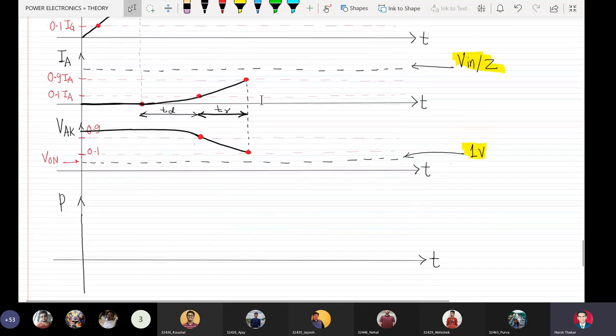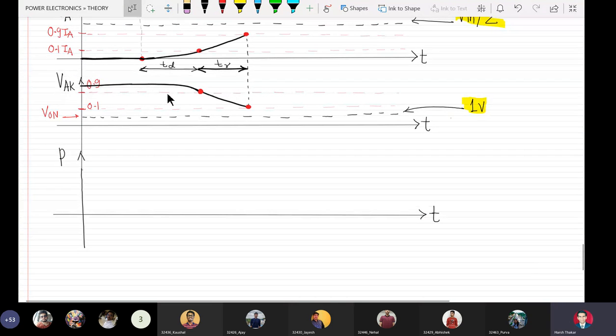Last is the spread time, that is the time taken for the anode to cathode voltage to drop from 10% of its initial value to a value equal to on-state voltage drop. It is this particular point. Yeah, so maybe this point.